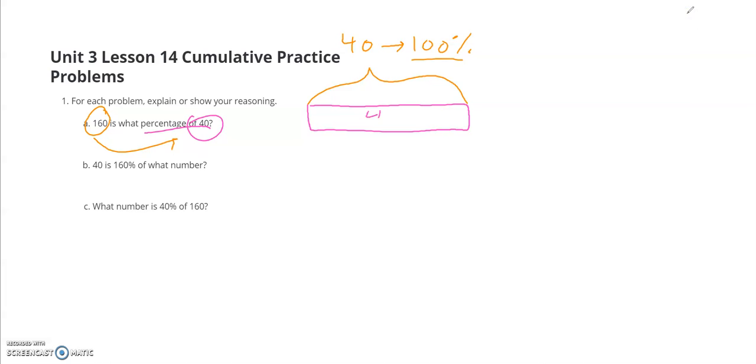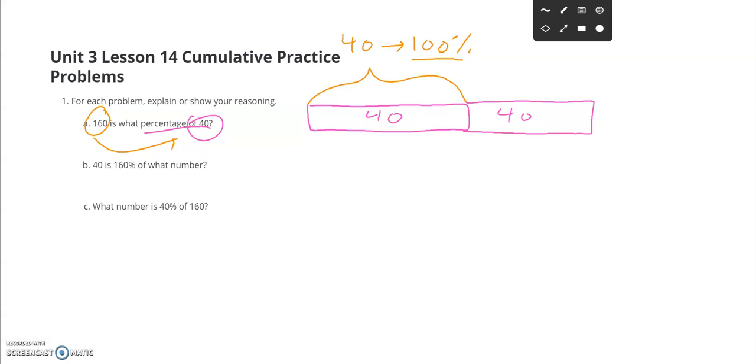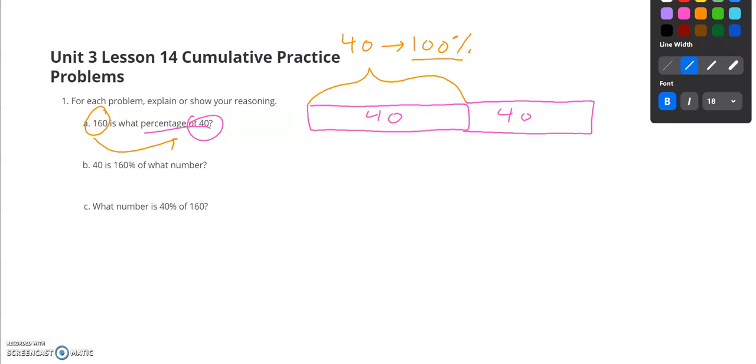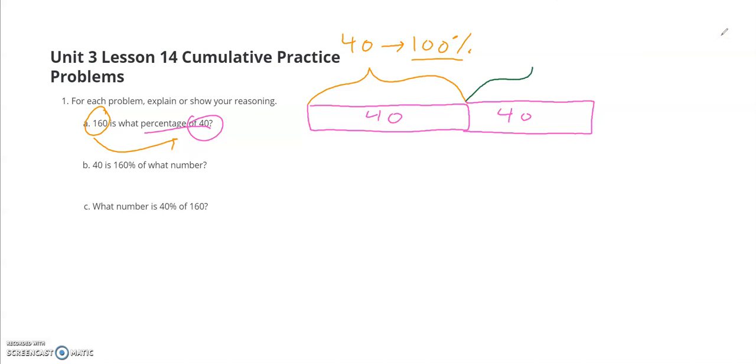This is our 40. We could draw another one. Another 40. And this is 100% of 40. So now we're at 200%.